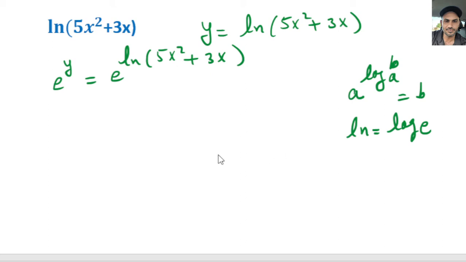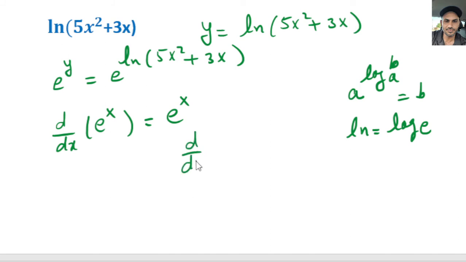And the other thing we have to know is that the derivative of e to the x is e to the x. I have done the derivation in another video. But if we take the derivative of e to the u, d over dx of e to the u, it's not just e to the u, it's going to be e to the u times du over dx.